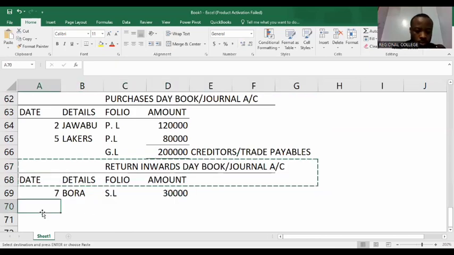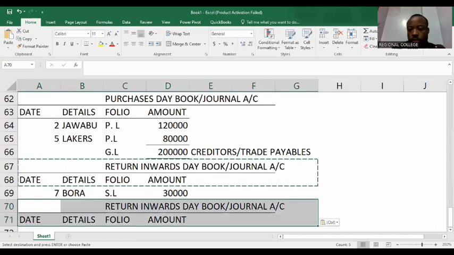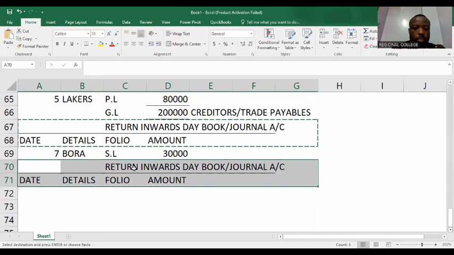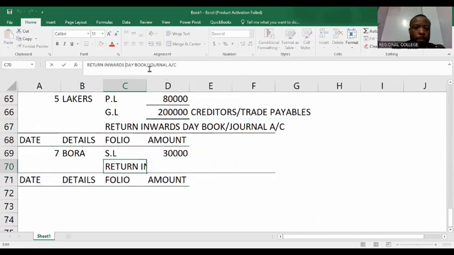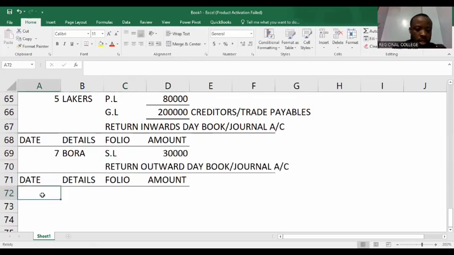So this is a return outwards daybook because we're returning back. So the day is 12. The firm is returning back to Jawabu. So this one goes with the purchases, and the amount is 10,000.